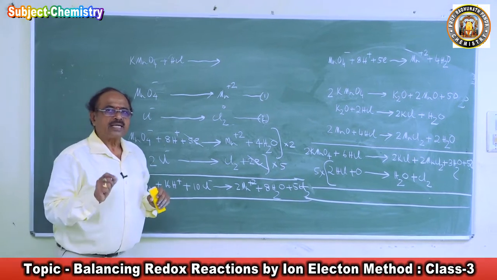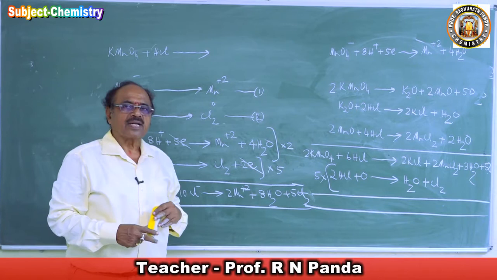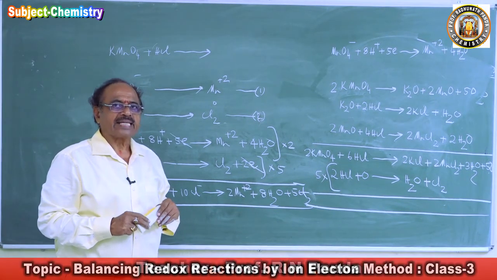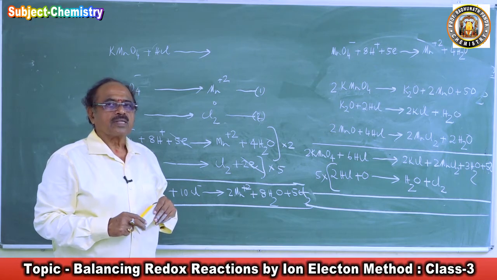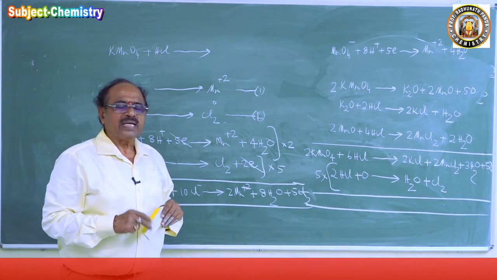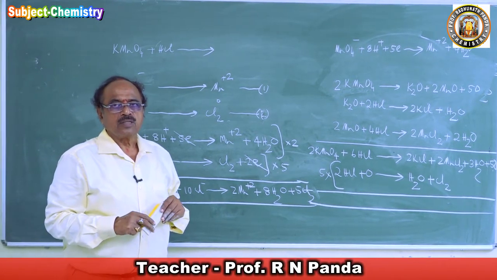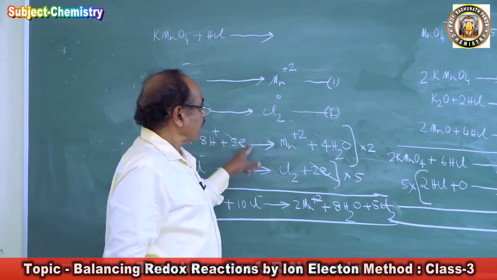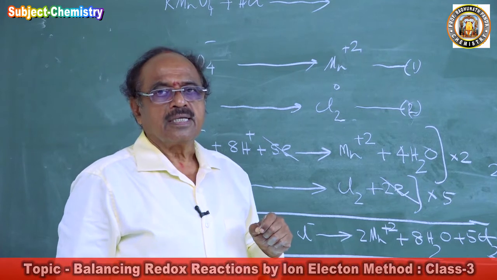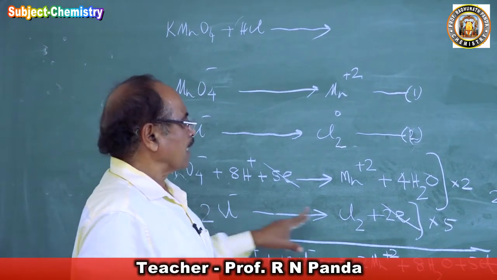Children, here I want to mention that in all the reactions for sulfur dioxide and ferrous sulfate, we are using acidified potassium permanganate. We acidify with dilute sulfuric acid, but we never acidify with HCl. The reason is that potassium permanganate oxidizes HCl to Cl2.